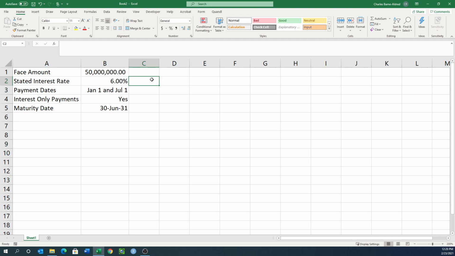The first thing we've got to model is to determine the cash flow streams from this particular debt. I'm looking at the cash outflow, trying to understand my cash outflow.